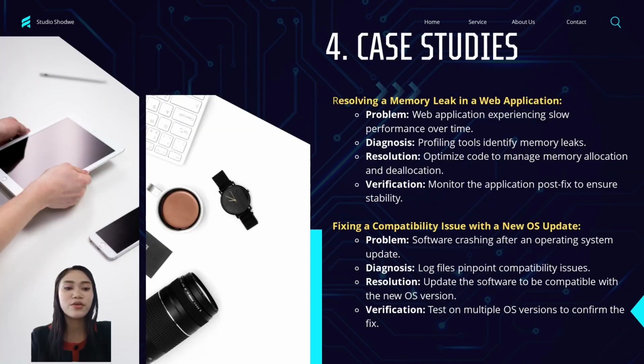Case studies. Resolving a memory leak in a web application. Problem: web application experiencing slow performance over time. Diagnosis: profiling tools identified a memory leak. Resolution: optimized code to manage memory allocation and deallocation.